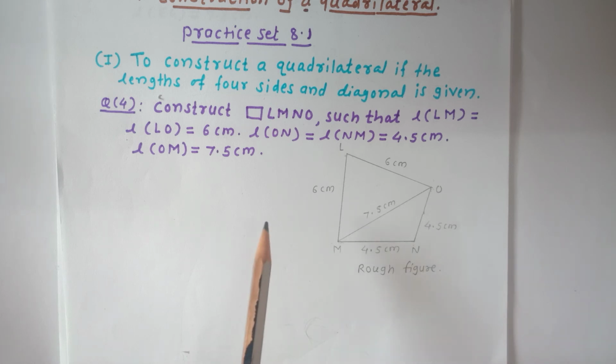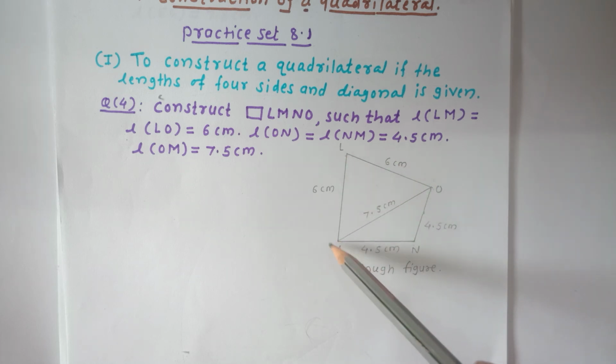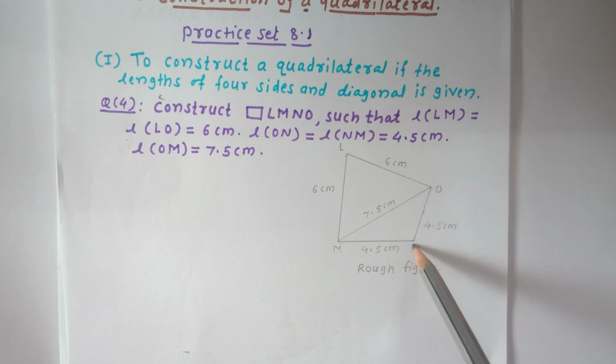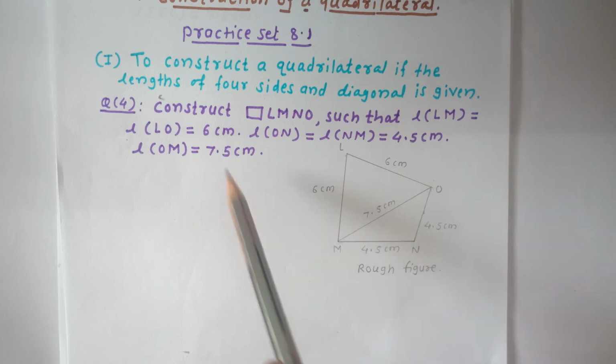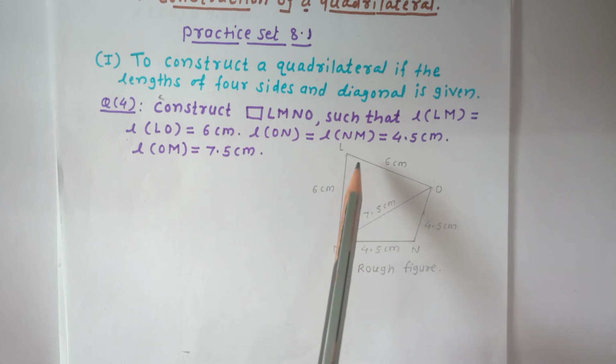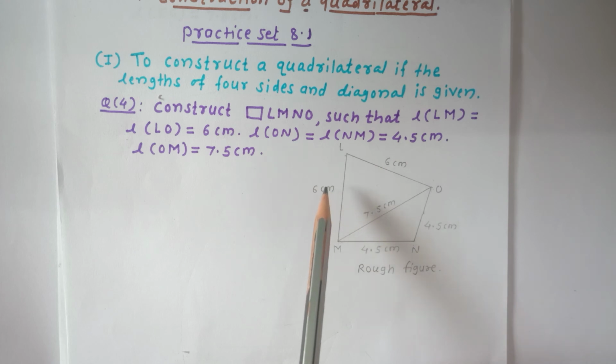In the example, length of LM is equal to length of LO is equal to 6 cm is given.